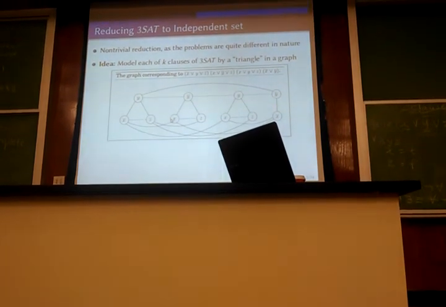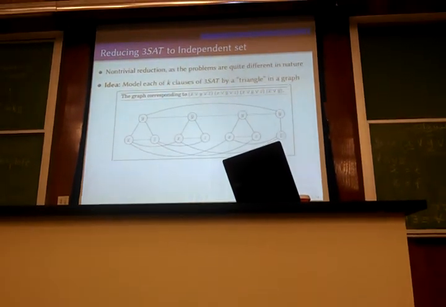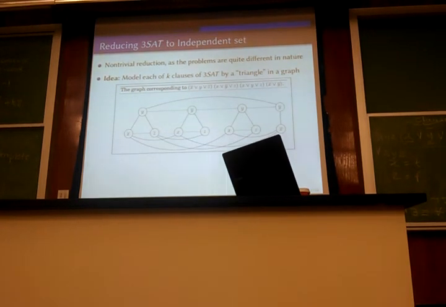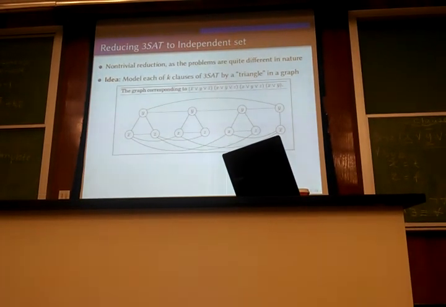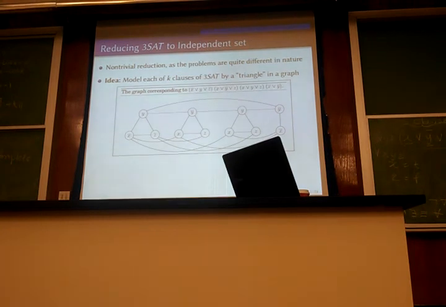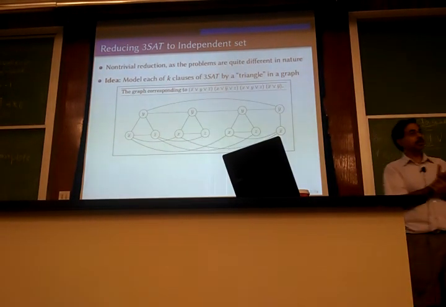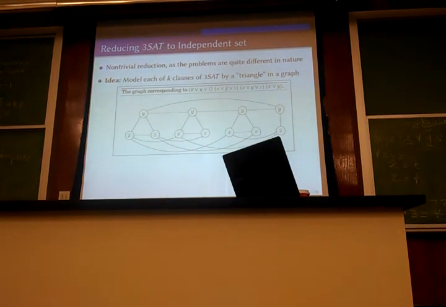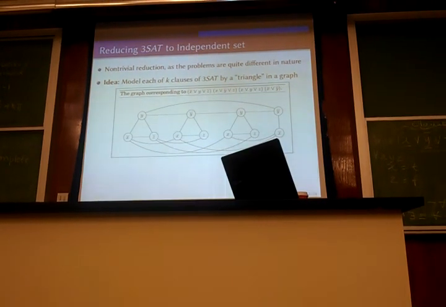Once again, what that means is that if the independent set chooses x, because x bar nodes are connected to x nodes, the independent set cannot include x bar. So this is how, in this construction, we are able to impose the constraint that x and x bar cannot be true at the same time. Okay?